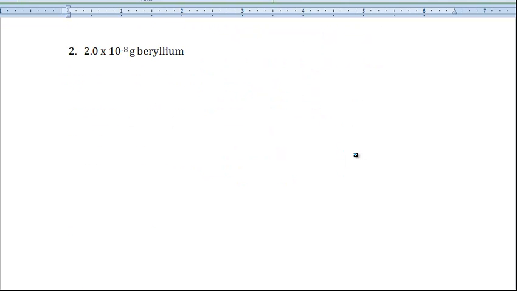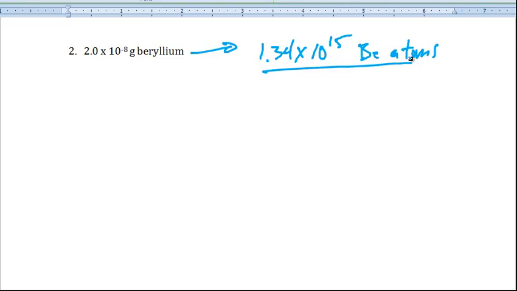Now this one is very similar, so I'm just going to give you the answer. 2 times 10 to the minus 8th gram of beryllium turns out to be 1.34 times 10 to the 15th beryllium atoms. Oops, looks like we can only keep 2 significant figures.